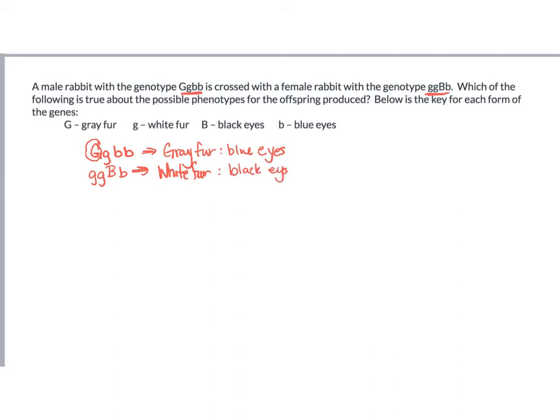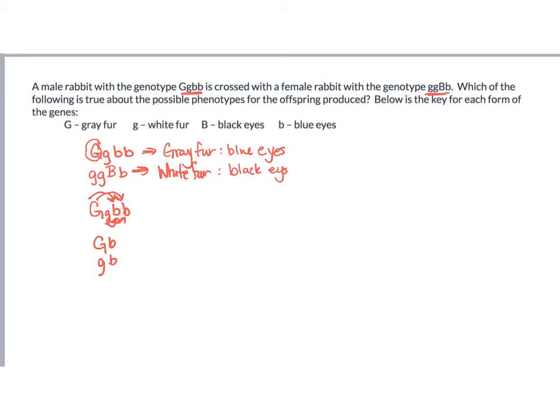So what are the possible phenotypes for the offspring produced? So we're doing the same thing. Let's look at what our combination of alleles would be for G, G, B, B. We have big G, big B, big G, big B, little g, big B, and little g, little b. So basically, again, we have two possible combinations, right?